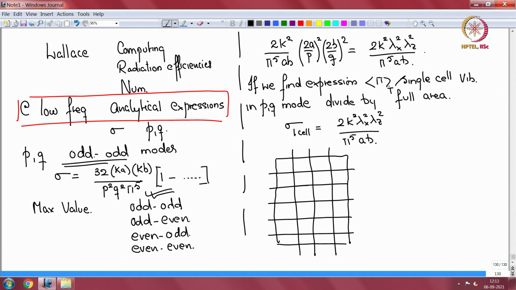So, the entire panel radiation efficiency at low frequencies is this when P and Q are odd, and the radiation efficiency of a single cell but divided by the whole panel area is this. So, what it means is that the entire panel is equal to one cell. So, how does this happen?